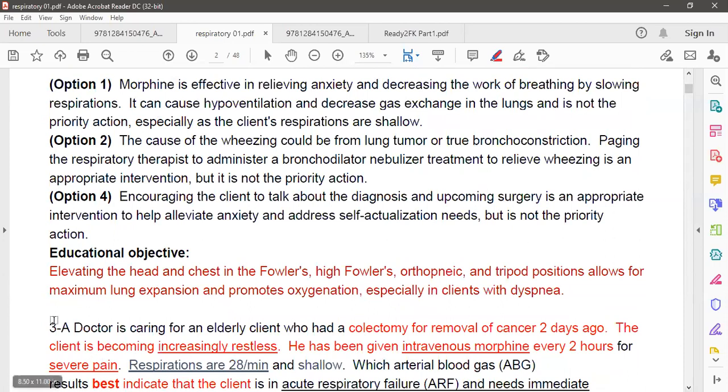So elevating the head and chest in high Fowler positioning, orthopneic or tripod, allows maximum lung expansion and promotes oxygenation, especially in clients with dyspnea, COPD, bronchial asthma, lung cancer, or pneumonia.